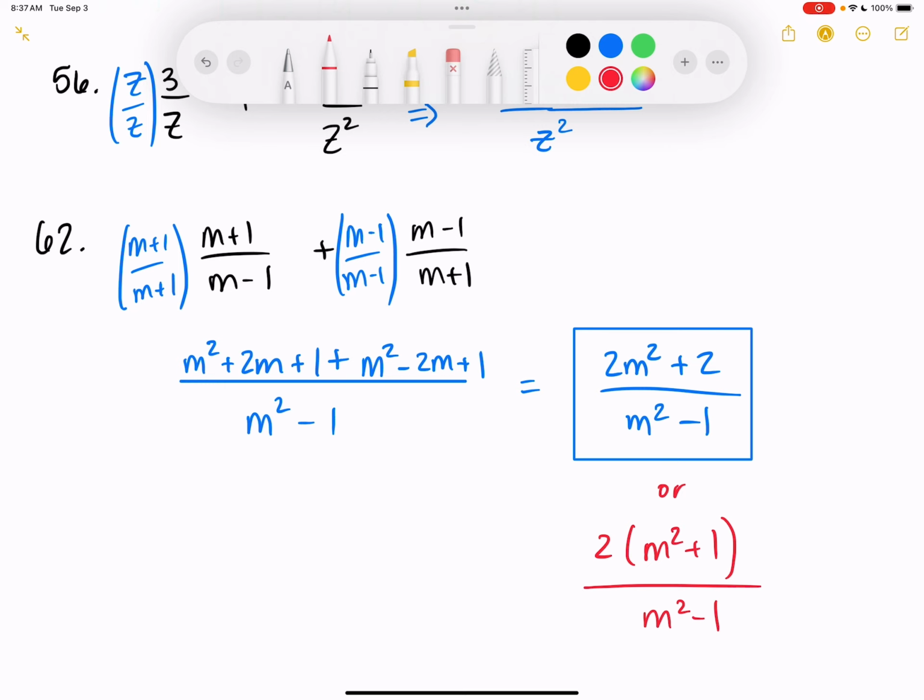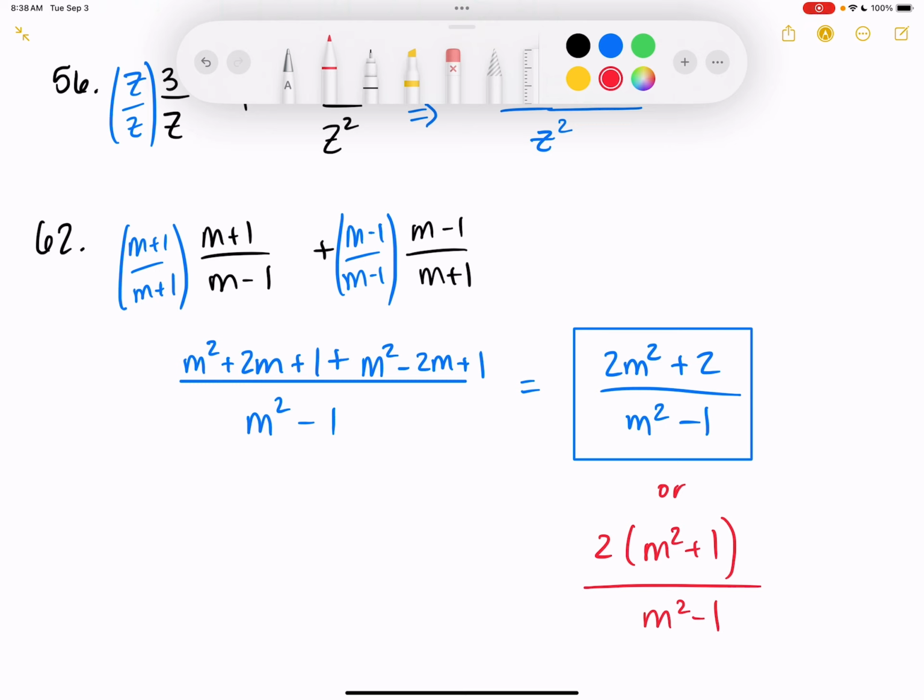All right, the next ones tend to be a not as favorite situation for everyone because it is simplifying complex fractions, which means I have fractions in fractions. So you got to work common denominators top and bottom, keep, change, flip, start canceling, and just simplify it as much as possible.